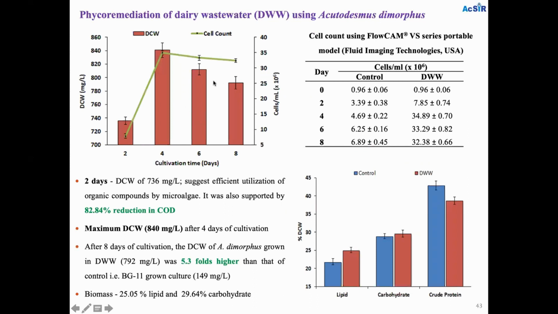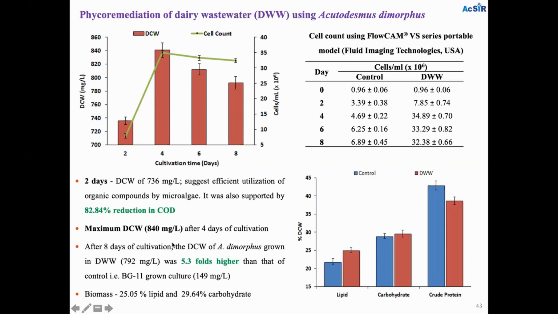So this data shows the growth of the cells. The highest biomass was observed after 4 days of cultivation, and it corresponded with the cell counts of the microalgae, which were also highest after 4 days. The biomass which was harvested after 8 days contains lipid and carbohydrate content comparable to the control.